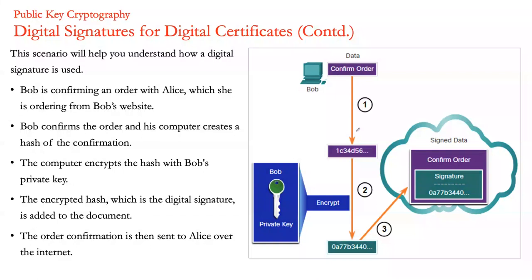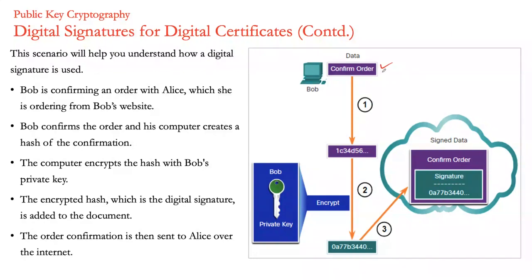In this scenario, suppose Alice has given an order to Bob through Bob's website, maybe a coffee order or pizza order. Upon receiving that order from Alice, Bob confirms the order with Alice, saying I have received that order. Then in the digital signature process, the confirmed order is given as an input to the hash function.